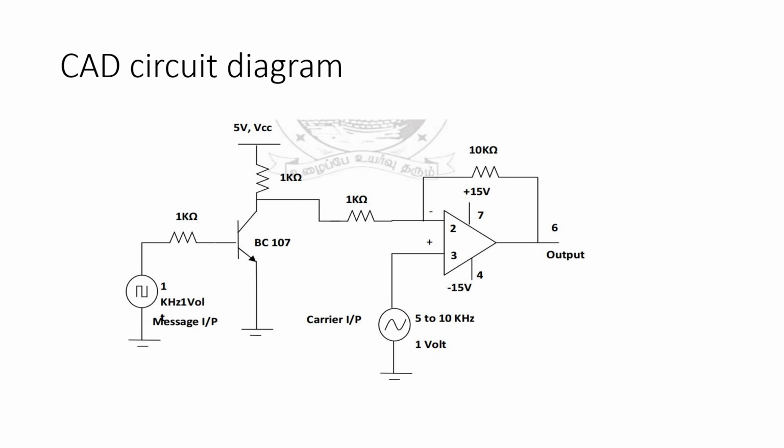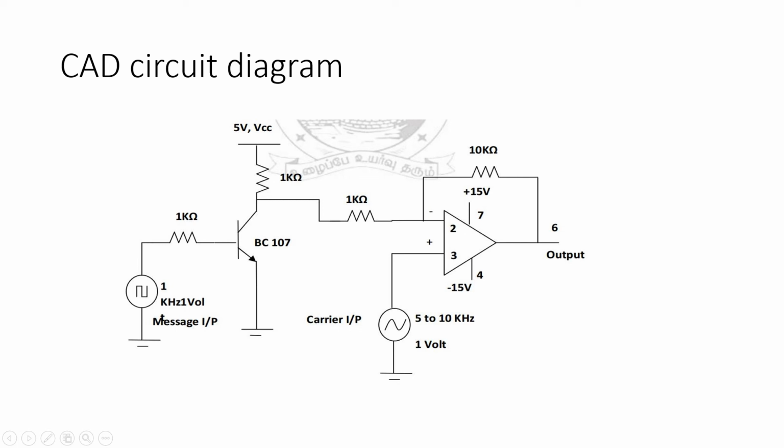Okay, so this is the CAD circuit diagram. In this circuit diagram, the plus 15 is at pin 7, and this is IC741. This is the inverting and this is the positive input. This is the carrier signal we are giving of 5 to 10 kilohertz and 1 Vpp.